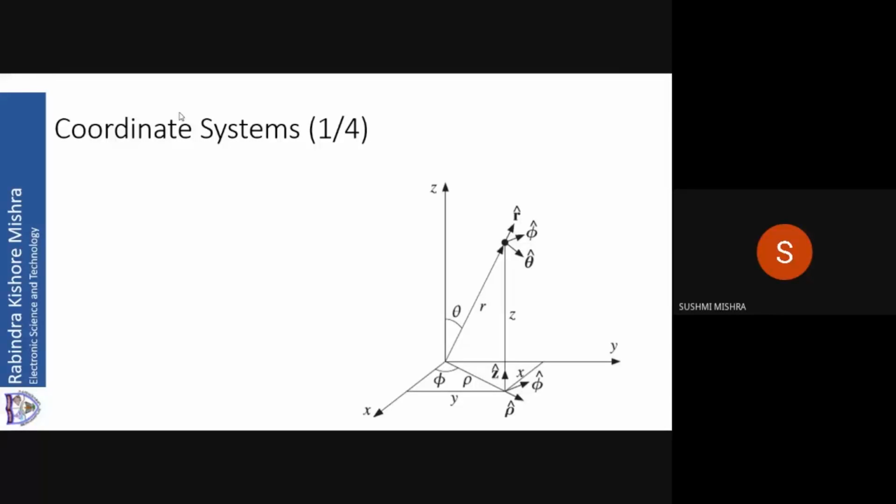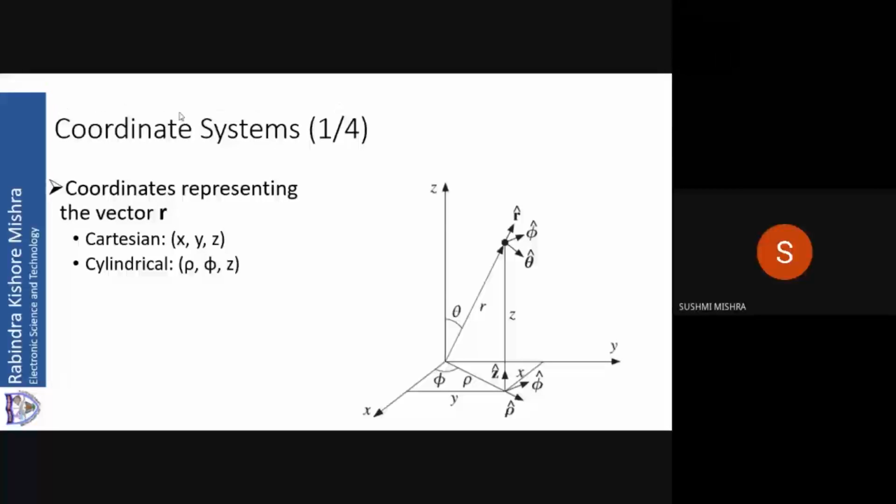So one point is there, r. That point we are going to represent using these coordinate systems. So how to represent that? If I have a vector r, what will be its coordinates? In the Cartesian coordinate system, it will be x, y, z. In the cylindrical coordinate system, it will be rho, phi, z.